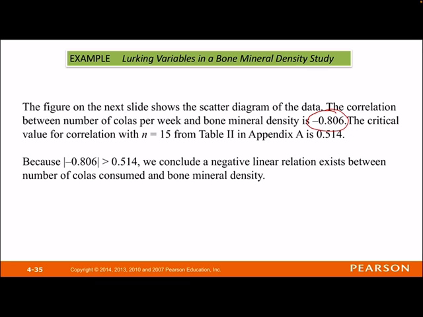Because the absolute value of negative 0.806 is greater than 0.514, and remember the absolute value is the distance that a number is from 0, this would just become a positive 0.806. We conclude that a negative linear relation exists between the number of colas consumed and the bone mineral density. Again, it's negative because your R value was negative, and there is a linear relationship because this held true.